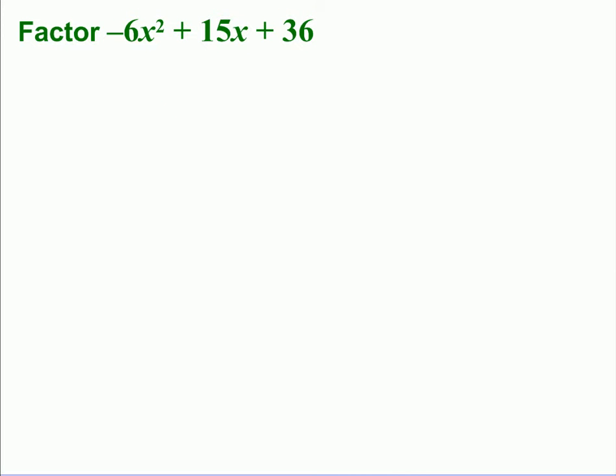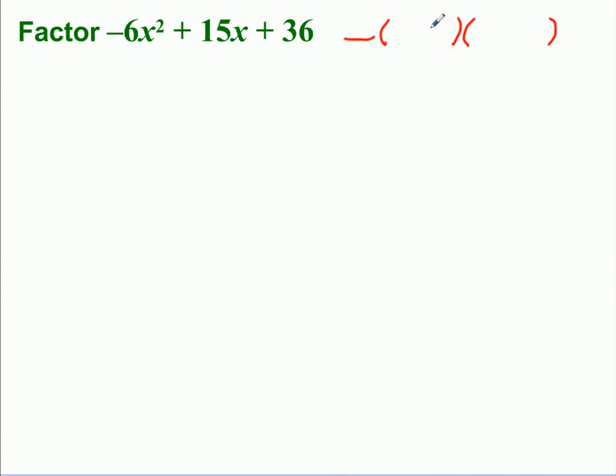Of course, factoring really means that I'm going to break this down into parts that are being multiplied together. A factor is something that's being multiplied by something else. So typically, I'm going to have some constant value multiplied by a binomial factor multiplied by another binomial factor.